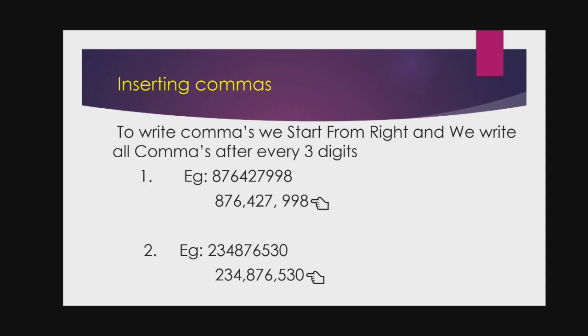For example, I'm going to read the number from the right side: 899724678. The first comma will be right after 3 digits according to the place value chart. The second comma will be after 6 digits according to the place value chart.